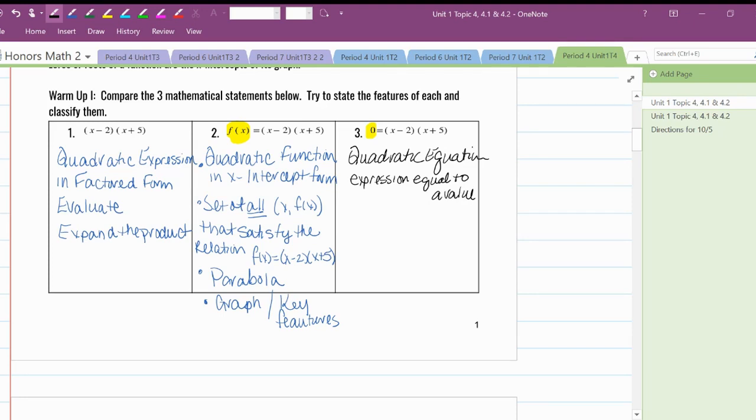Does not have to be 0, but in this case, we're going to start with looking at the case where we equal 0. What we do with this is we solve equations, right? In this one, we would solve for x. And what we would get are x values that make f of x equal 0.